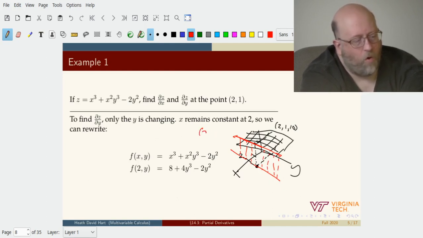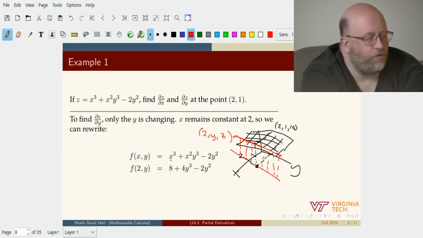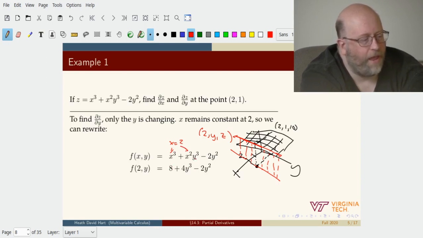And so they will all be (2, y, z), no matter what. No matter what happens on this tangent line, x is equal to 2. And so I can go ahead and plug in x equals 2 here and here. And I get 8 instead of x cubed, and 4y cubed instead of x squared y cubed, and 2y squared over here. There's no x to plug in over here.